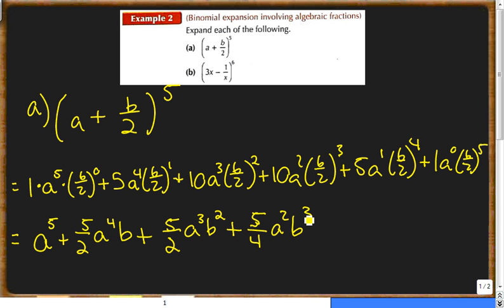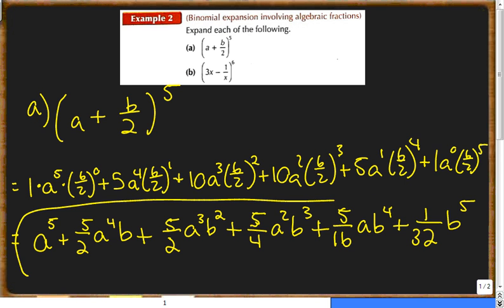And we have 5 over 2 to the 4th makes 16. 5/16 can't really be simplified. So we have a b to the 4th. And then finally we're going to have plus 1/32 b to the 5th, because 1/2 to the 5th power is going to be 1 over 32.